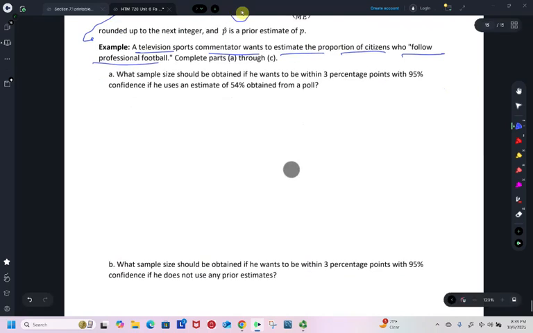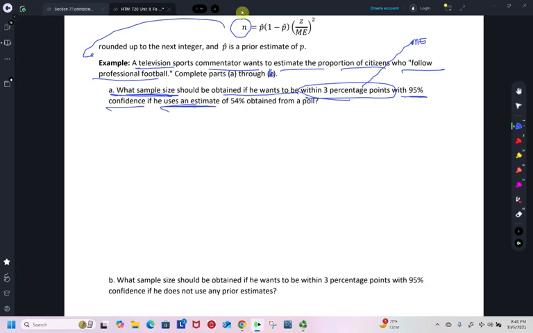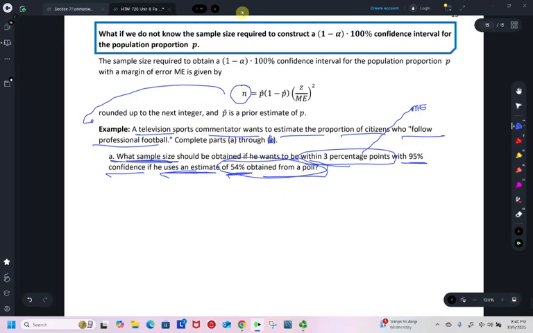The question is, how many people should he sample if he wants to be within 3 percentage points, this is your margin of error, with 95% confidence if he uses an estimate of 54% obtained from a previous poll? Whenever the sample size is unknown, we use this formula.